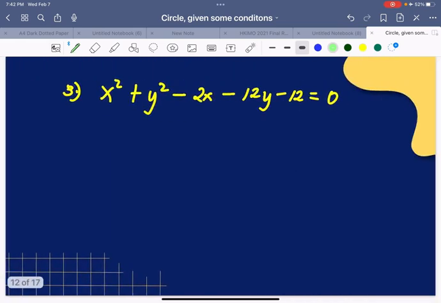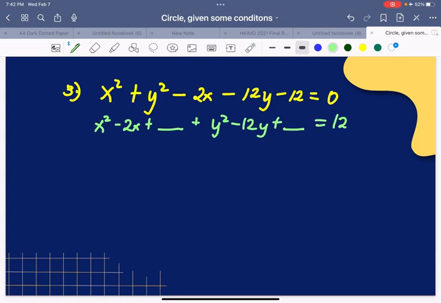Next, number 3. X squared plus y squared minus 2x minus 12y minus 12 is equal to 0. So, pagtabihin muna natin yung magkakapamilya. We have x squared minus 2x plus blank plus y squared minus 12y plus blank is equal to positive 12.